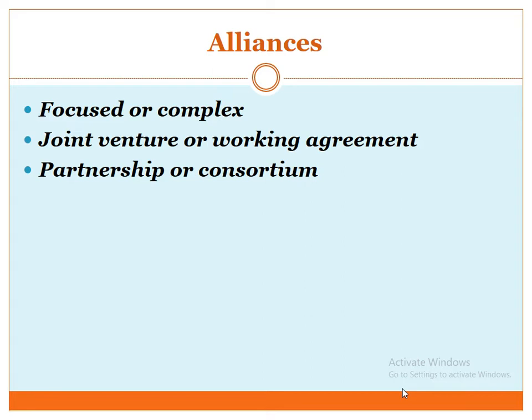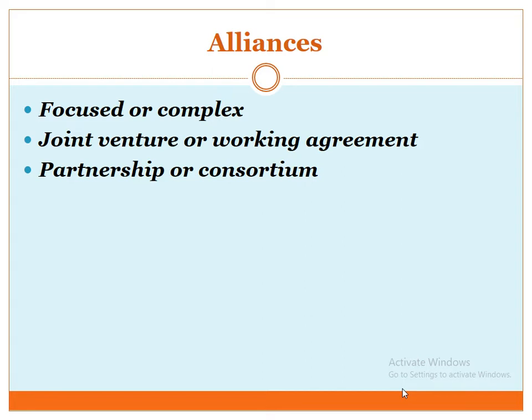Generally, the focused alliance deals with a subset of each of the partners' total activities. An example would be telecommunication system providers such as Ericsson or Motorola forming an alliance with a software company in China to market a specific communication solution. It is clear that this agreement does not go beyond these boundaries.